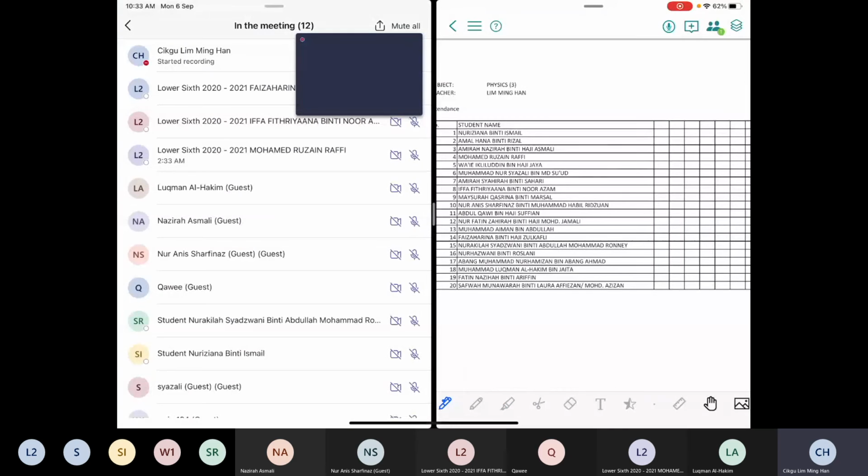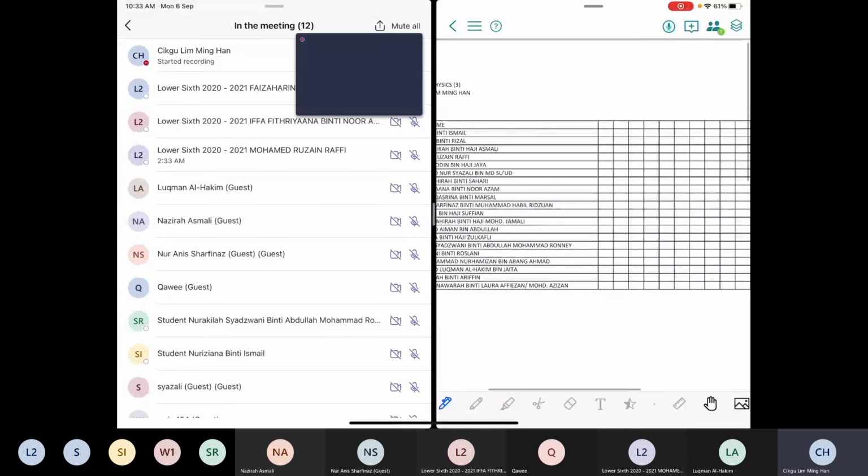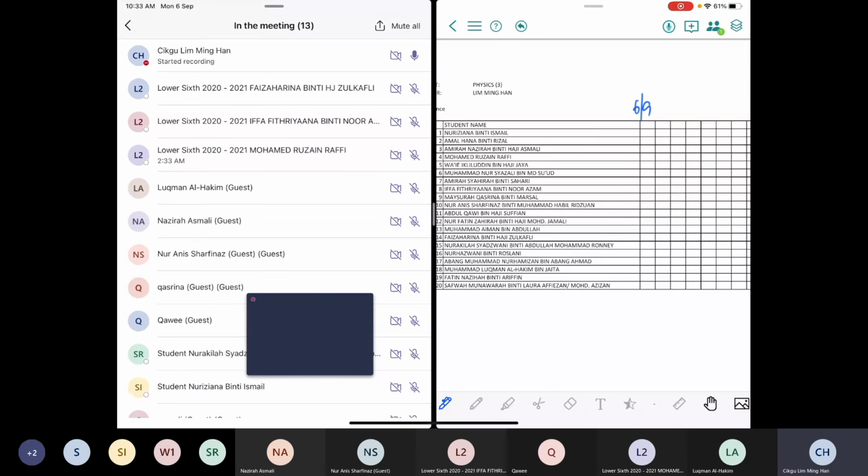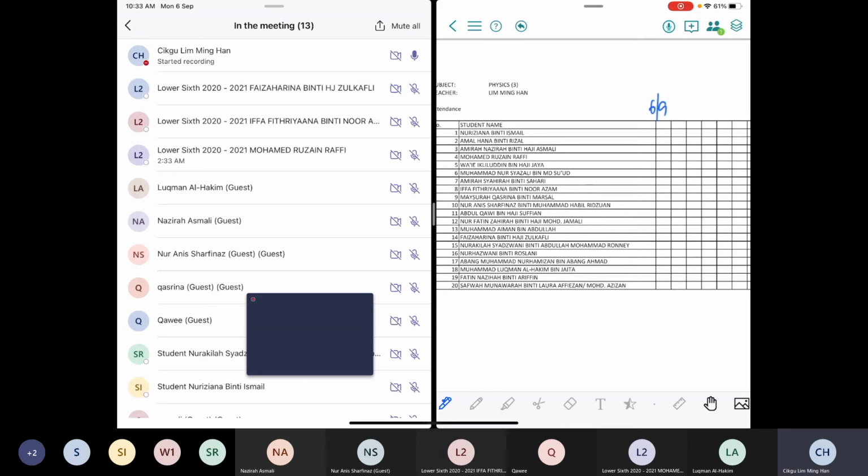Alright, so today is the 6th of September. Let's see who is here. Faiza is here. Cannot see the screen, I have to make it bigger. Faiza is here. Okay.